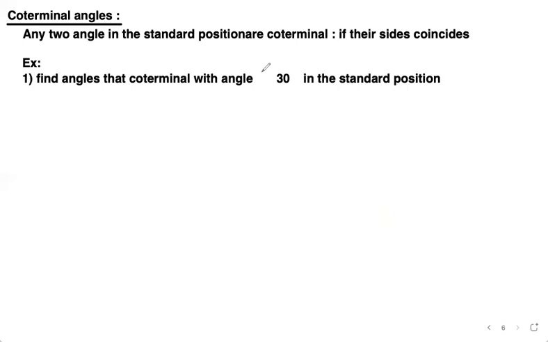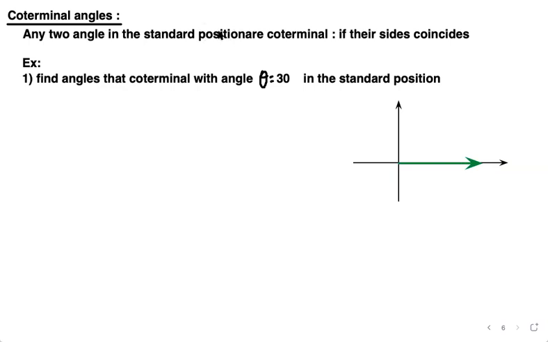So my angle here is 30. If I want to graph this angle, first of all, this is my Cartesian plane, x-axis and y-axis, and my initial side must be on the positive x-axis. Here is the positive x-axis, and the vertex is at 0, 0.